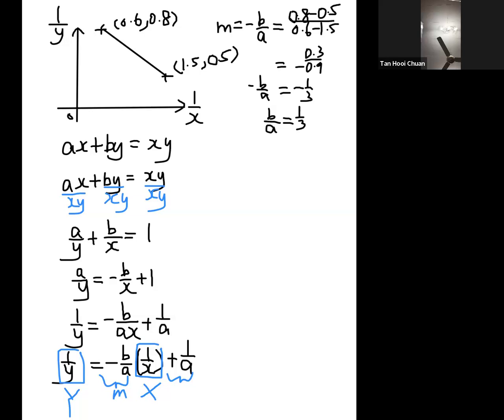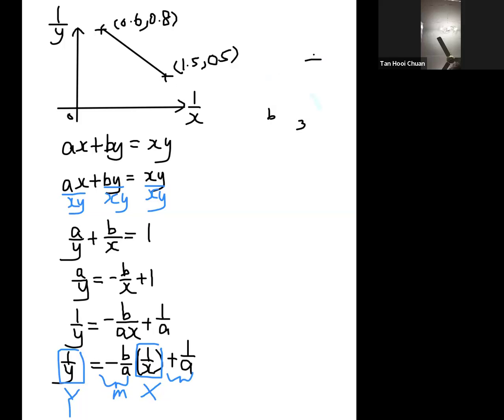So I erase this one. So once you see your gradient got 2 unknown, you don't use this method.